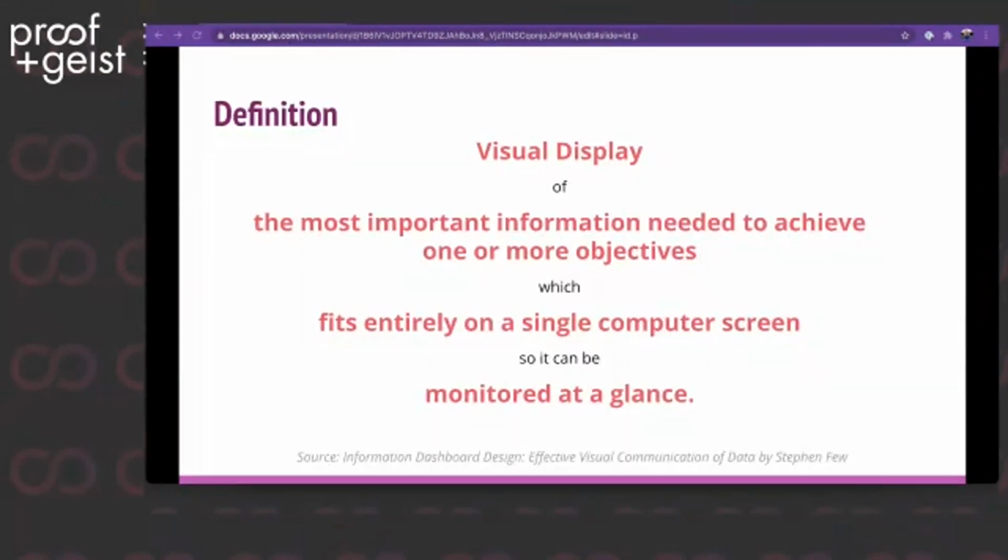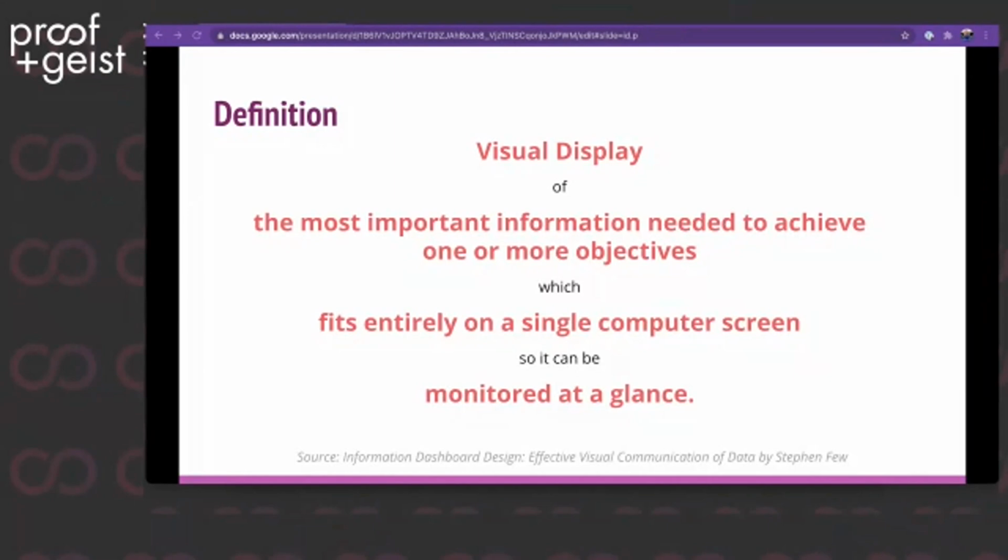It says, I'll let you read that, if you can read that, hopefully. It's a visual display of the most important information needed to achieve one or more objectives, which fits entirely on a single computer screen, so it can be monitored at a glance.